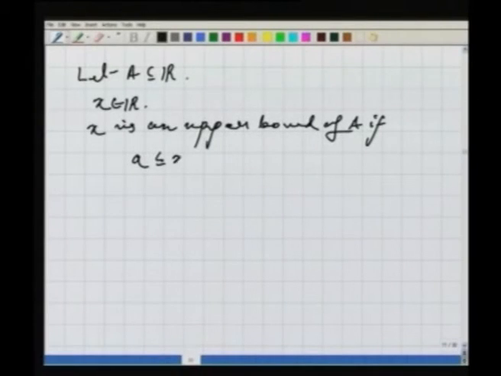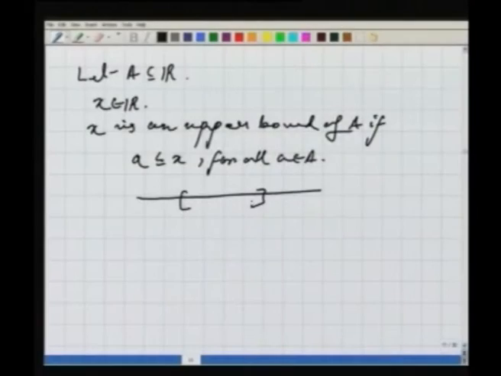That is, a is less than or equal to x for all a in A. If you look at the picture, if I represent real numbers on a line, and A is a certain collection of points here, then x actually has to be here onwards. It can be this endpoint, but any x after this endpoint will work as an upper bound. Pictorially, it means just this.